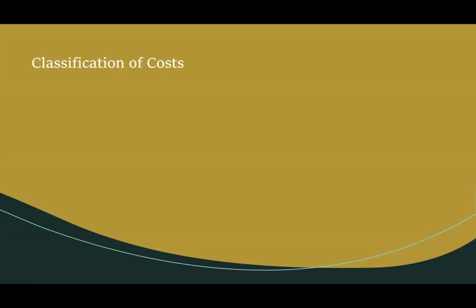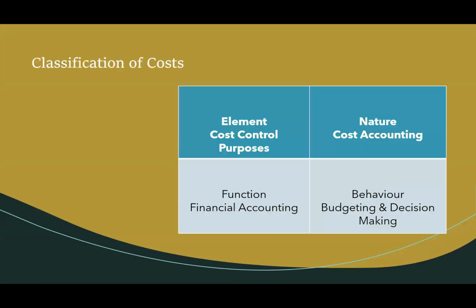Now, moving further, we have to understand that there are four different ways of classifying the cost. Either you can classify the cost based on element, on its nature, or based on its function, or based on its behavior. You can see that different ways of classifications are used for different purposes.